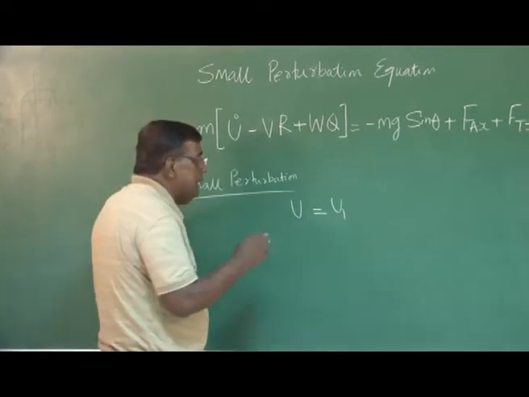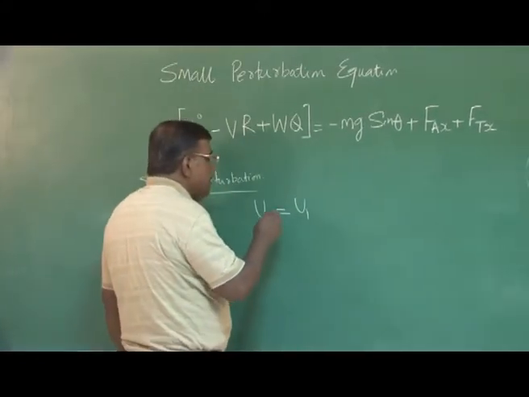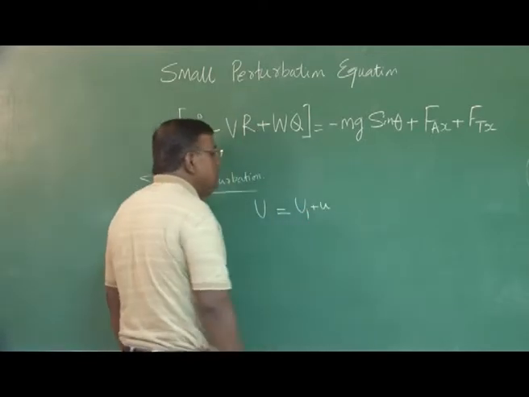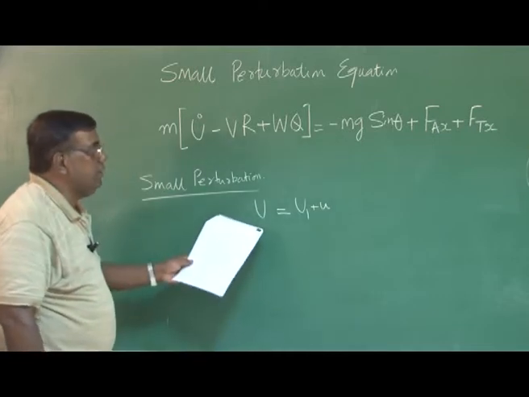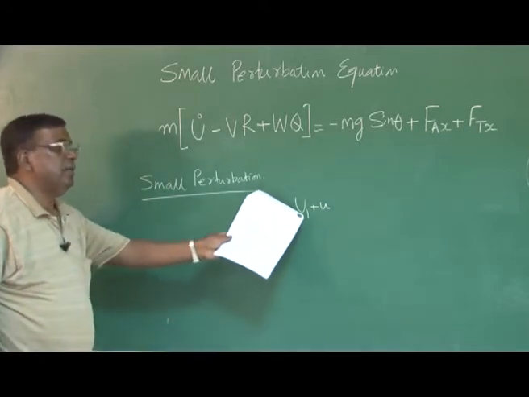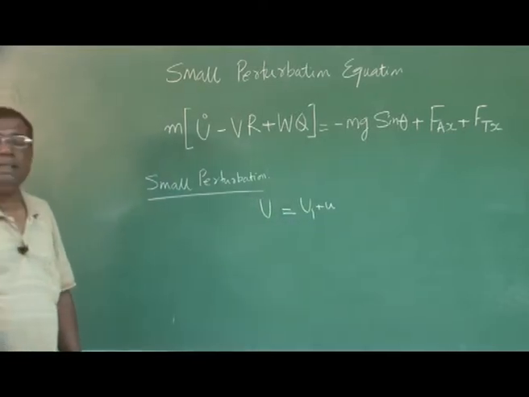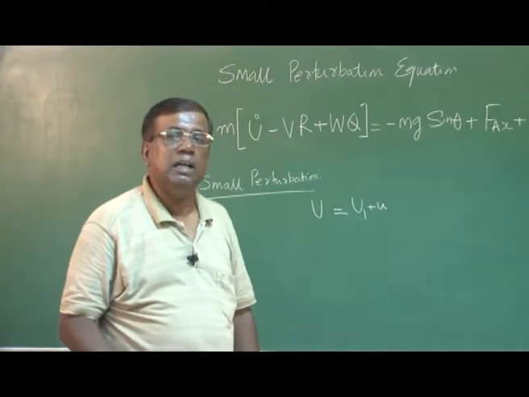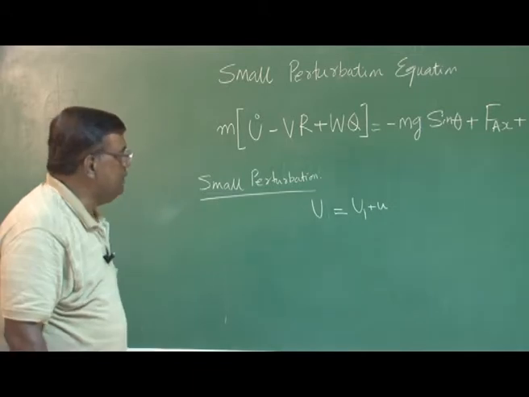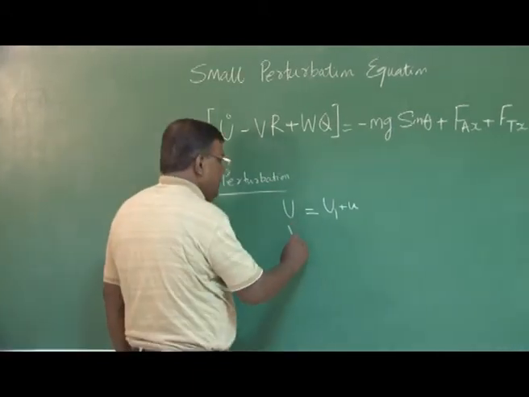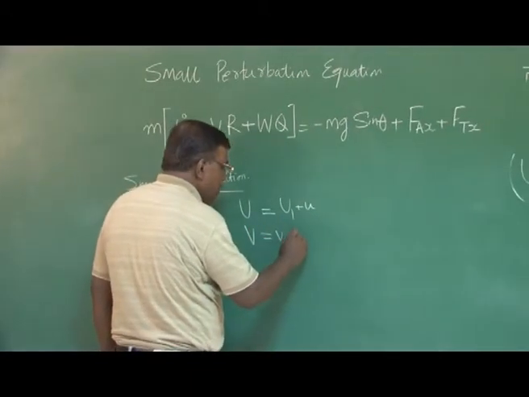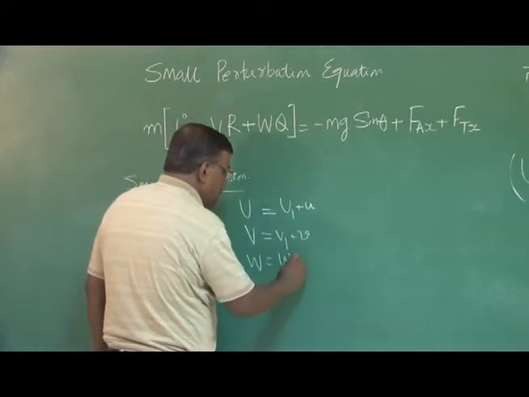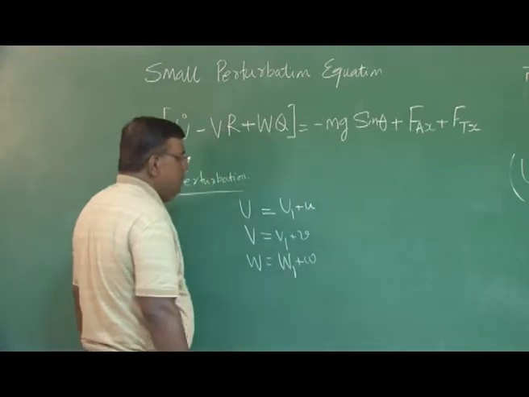So, one thing I can write under a small perturbation is, if this is the steady state condition and this is the perturbation introduced, small u, then total velocity I can write as the sum of these. That is the advantage of small perturbation under the domain of linear approximation, right. Similarly, for V, I write V1 plus small v, W1 plus small w, right.